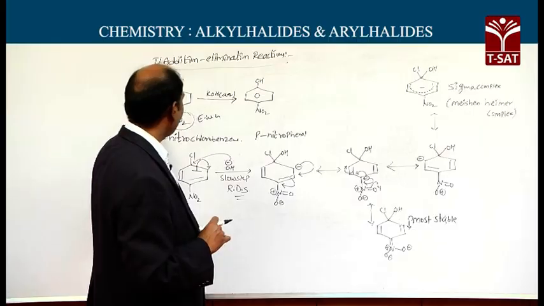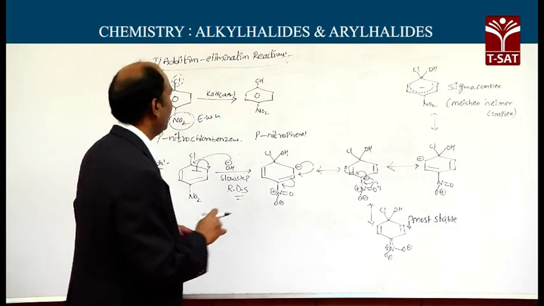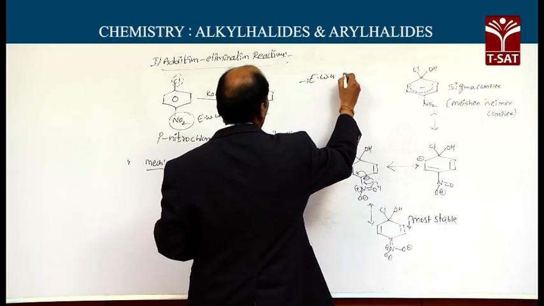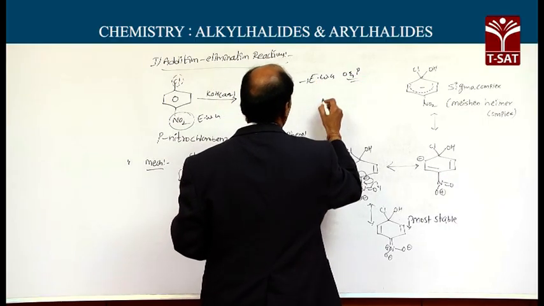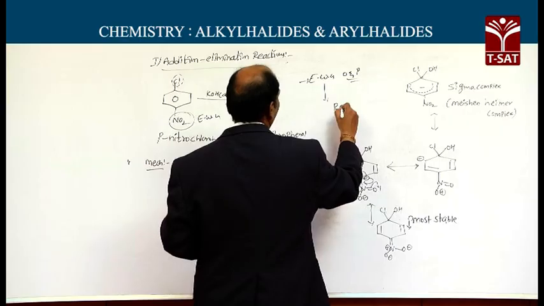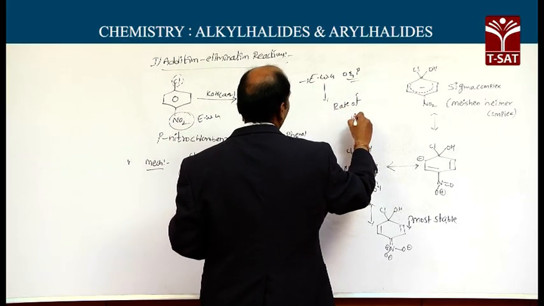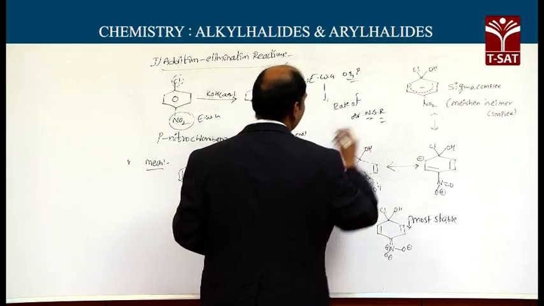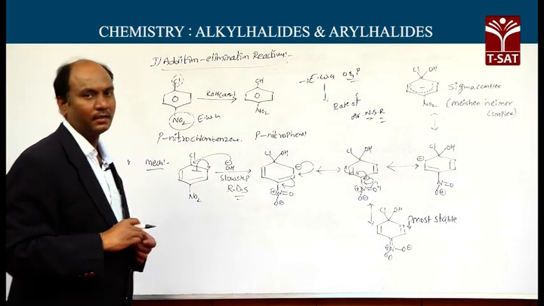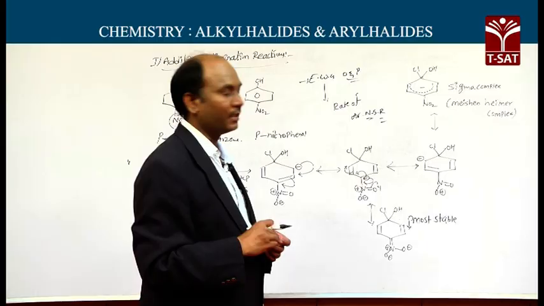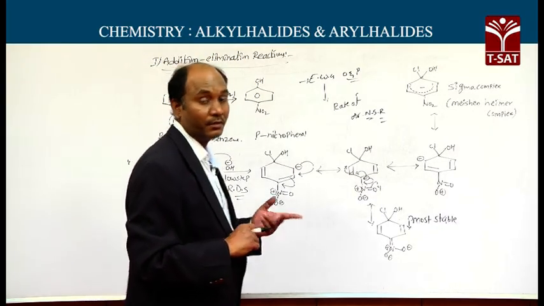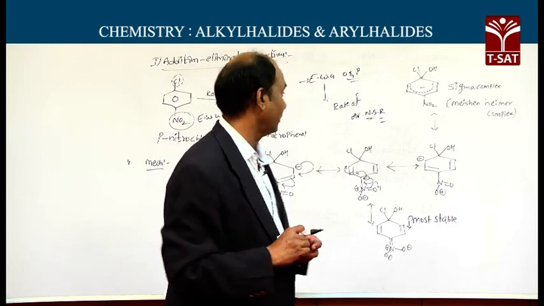So electron withdrawing groups, if these are present at ortho and para positions, increase the rate of aromatic nucleophilic substitution reaction. And one more point, as the number of electron withdrawing groups increases at ortho and para positions, the rate of aromatic nucleophilic substitution reactions increases.